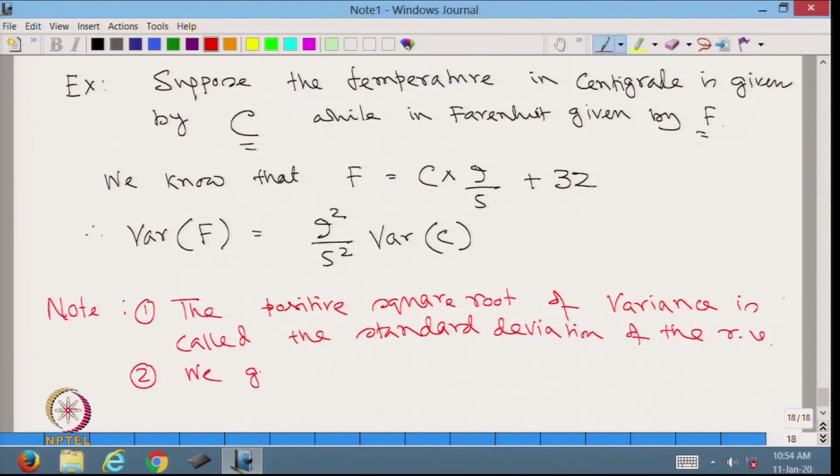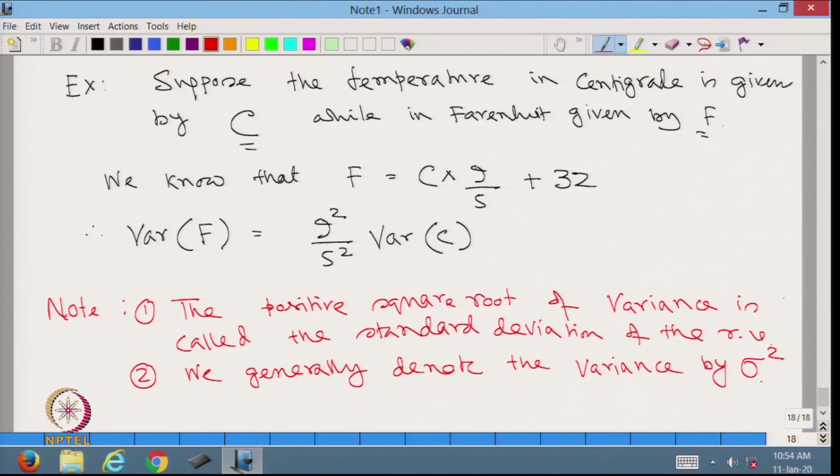We generally denote the variance by sigma square.